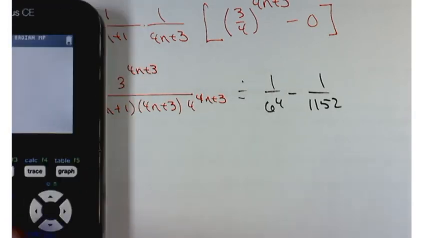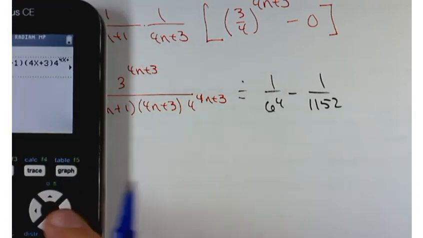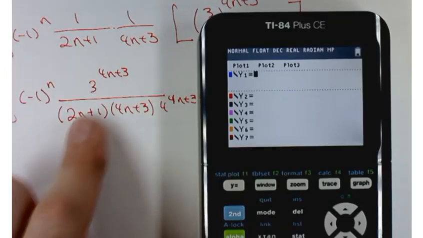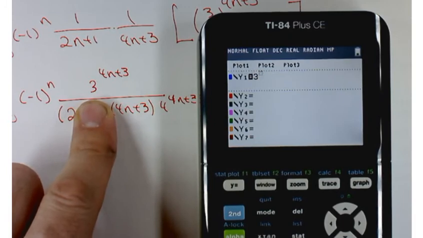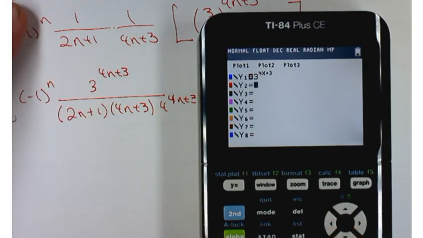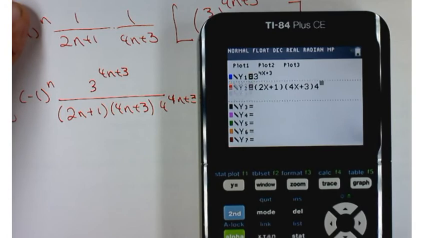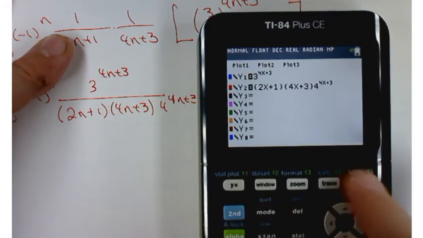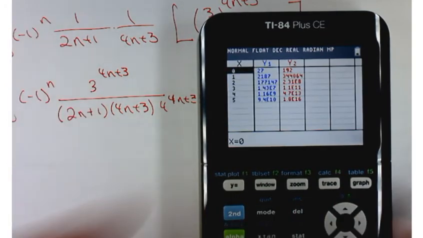Let's see. So to fix this, the numerator is going to be 3 raised to the 4x plus 3. And the denominator is going to be the product of 2x plus 1 times 4x plus 3 times 4 raised to the 4x plus 3. Now when I go to my table, I'll get the numerators and denominators.